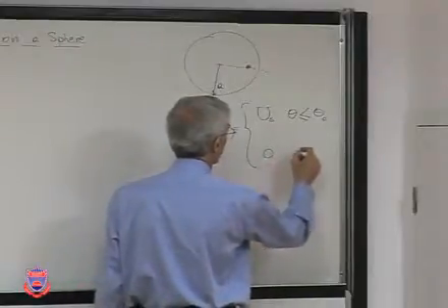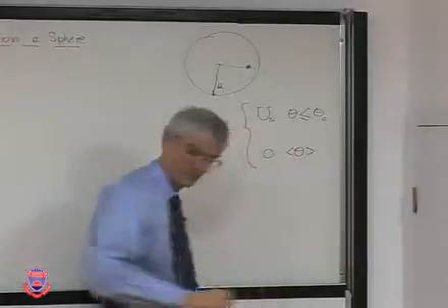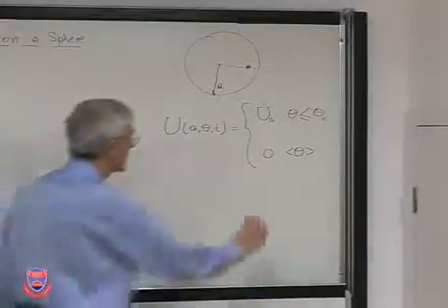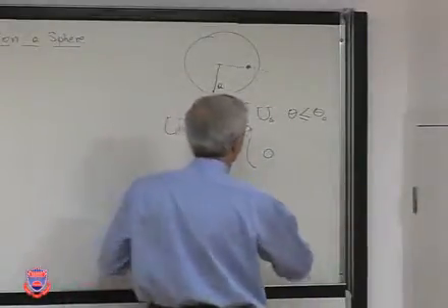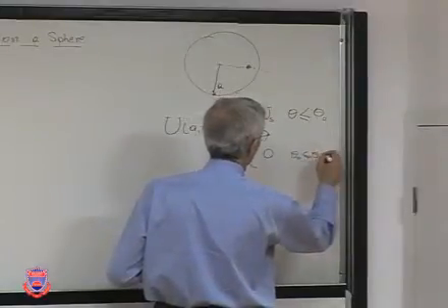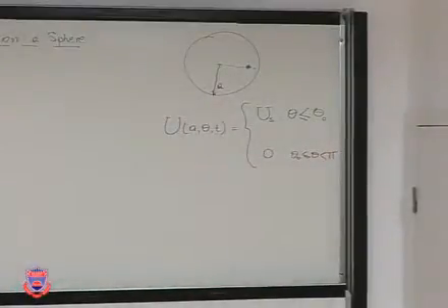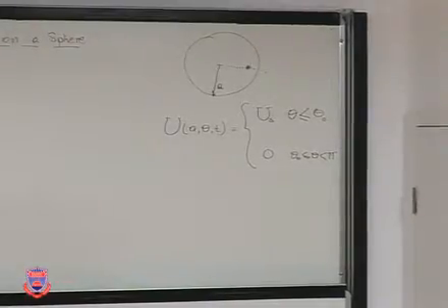And it is, between 0 when theta is everywhere else. Does that make sense? Do you understand what that shows? No? Okay.